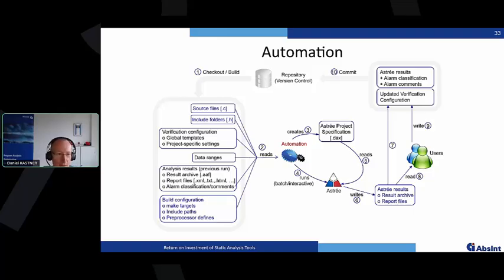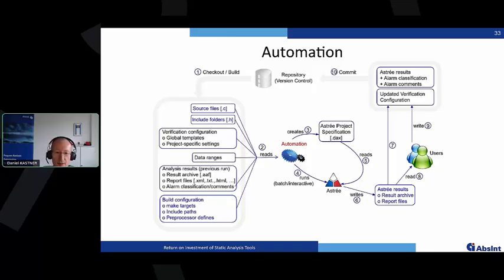And so the idea is to put all the sources and the analysis configuration in version control. You can automatically trigger analysis at an interval you like. This is just for the example of Astrée, but would also apply to stack or worst case execution time analysis.